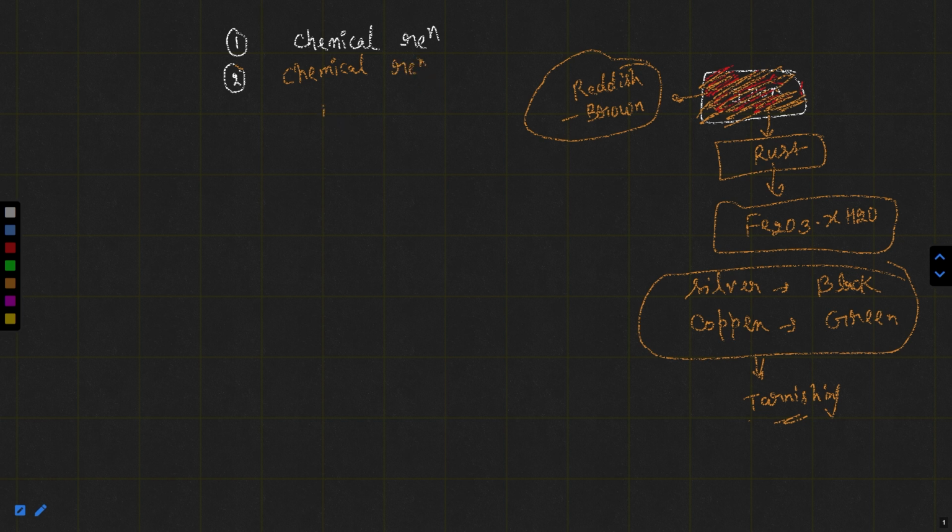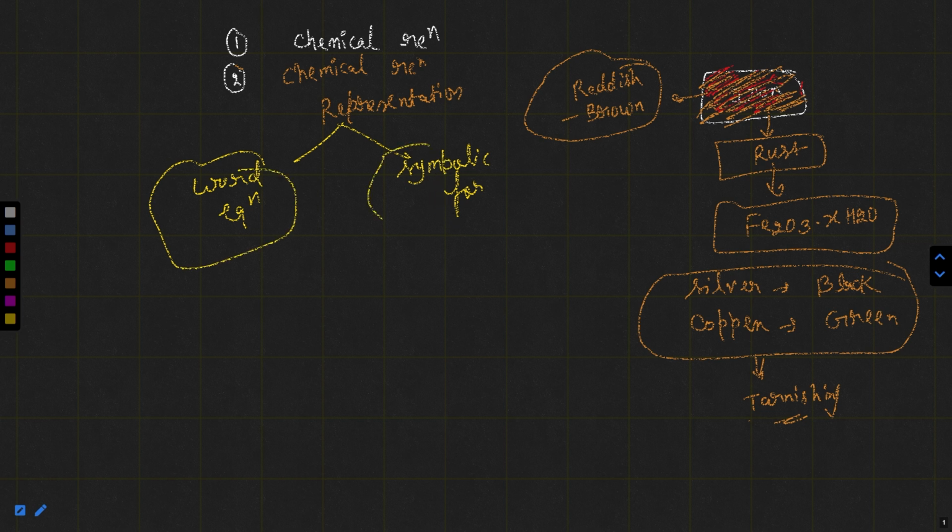We can represent a chemical reaction on paper in two ways. One way is the word equation, and the other is the chemical equation, or you can say the symbolic form. The word equation is not very informative, but the symbolic form is very informative.